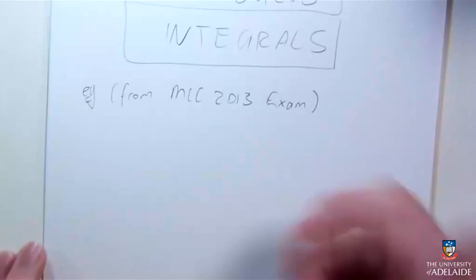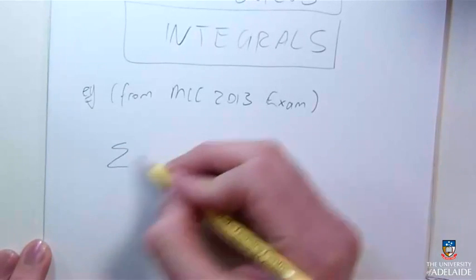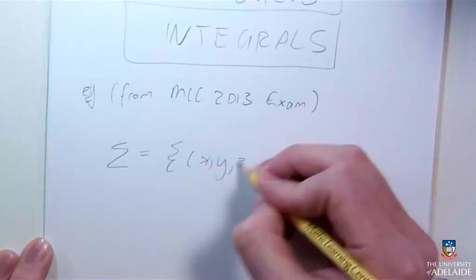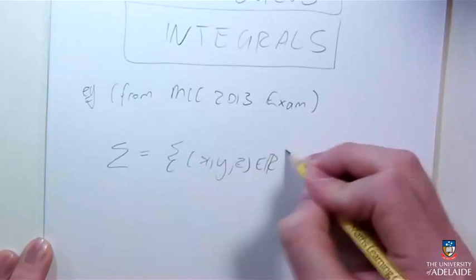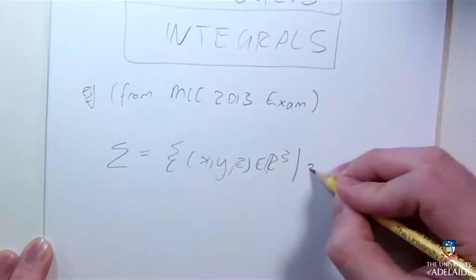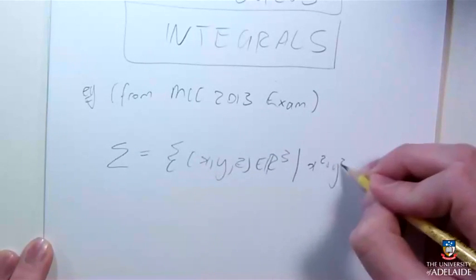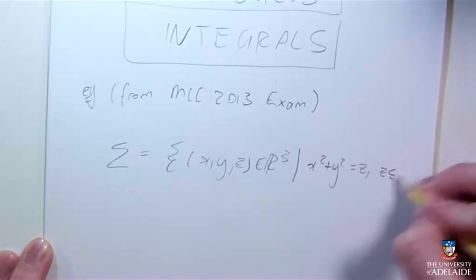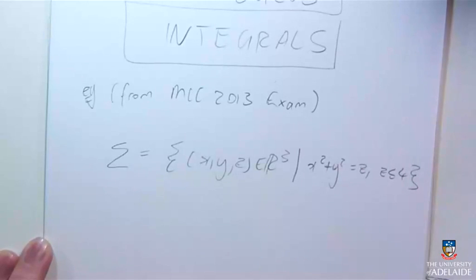And it goes like this question. Capital sigma is this set of points in R3, so x squared plus y squared is equal to z, and z is less than root of 4.